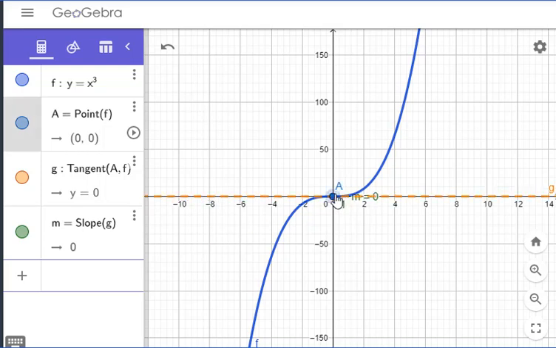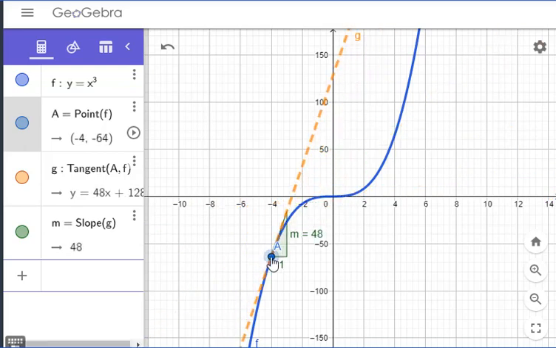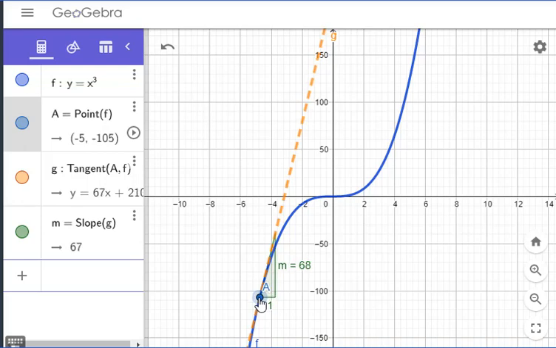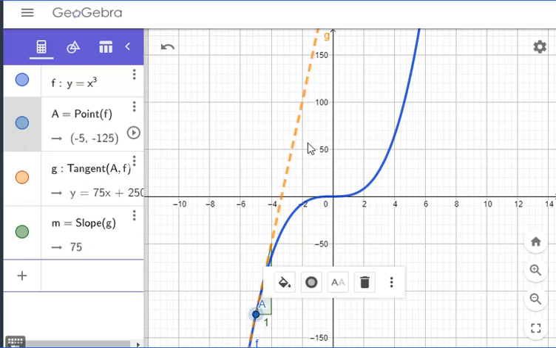If we want to figure out when x equals -5, what's the slope of tangent line, I will move the A, make sure x equals -5. And y will be -25. Yeah, make sure the value is correct. Then you could see the slope of a tangent line equals 75.